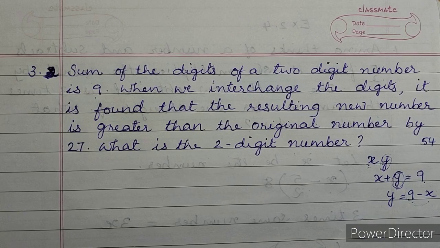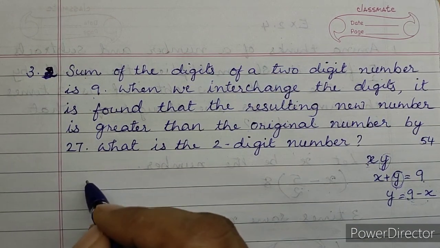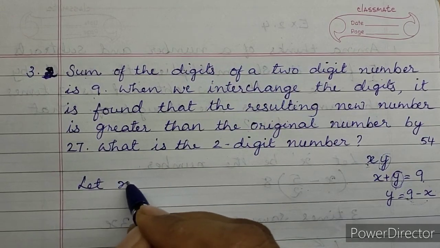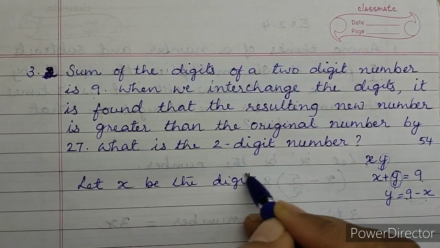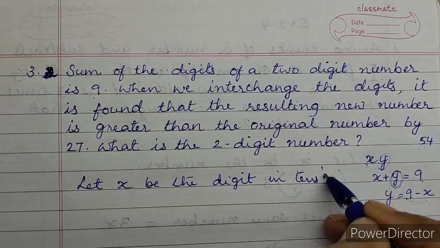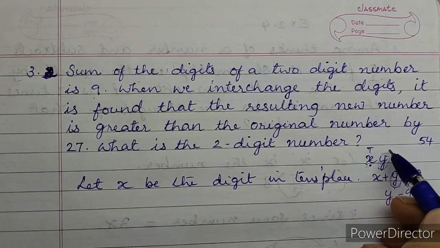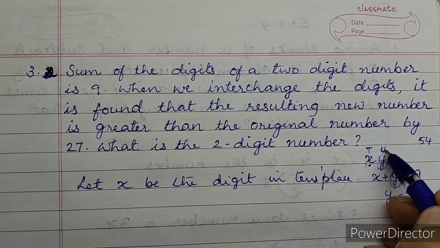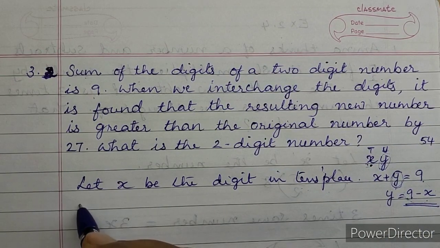Like that it is. So first we have to assume, let x be the digit in tens place. So x is in tens place, y is in units place. So y value you have found as 9 minus x. So that you have to write.